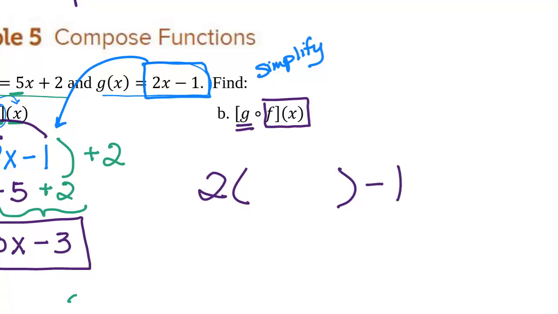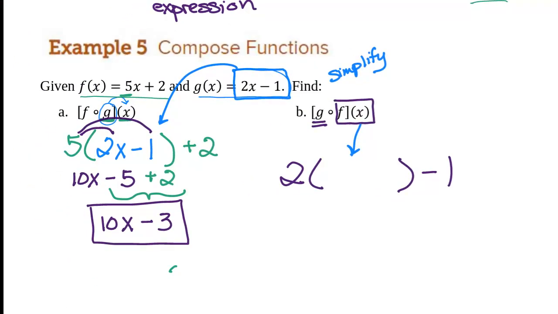Now, I'm going to take that f of x, and I'm going to substitute that in for the x there. So f of x is 5x plus 2. So I'm going to substitute 5x plus 2 right here.